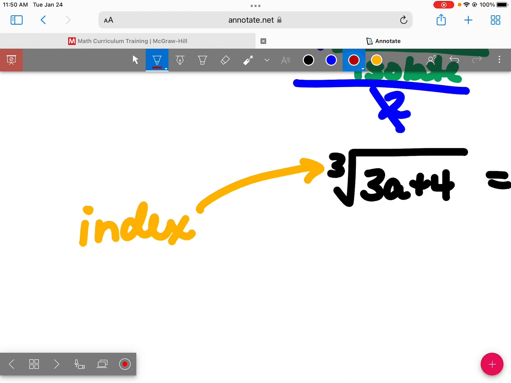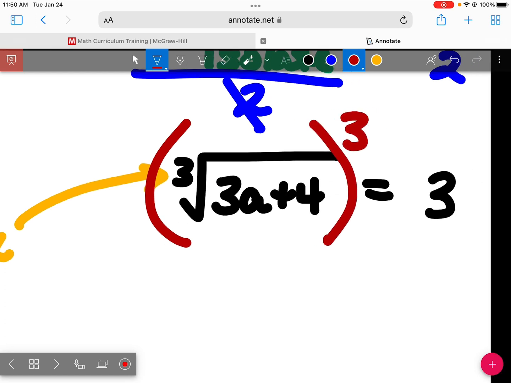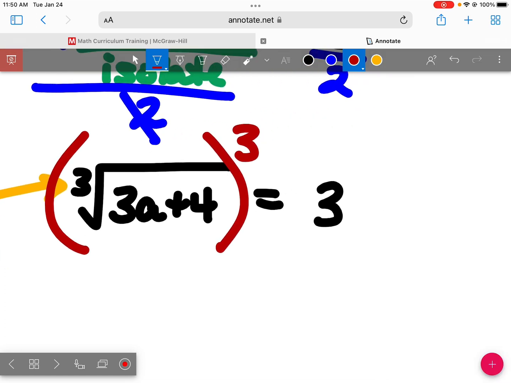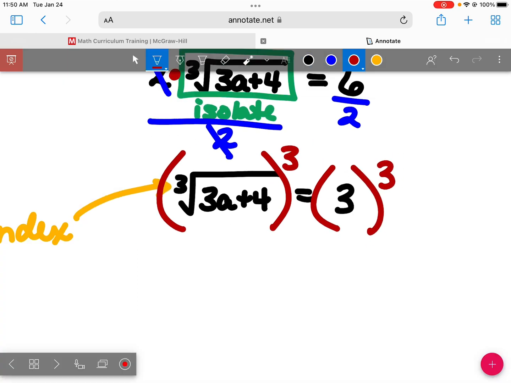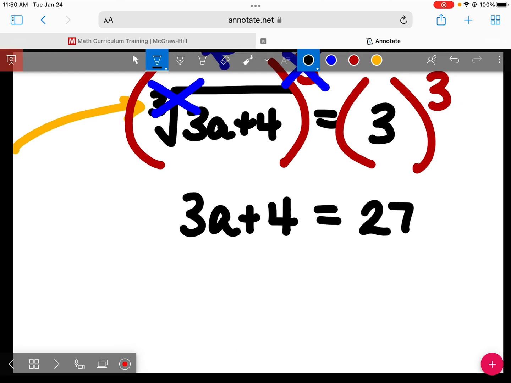Whatever the index is, that is the exponent that I will choose to raise it to. And if you do it to one side, got to do it to the other side. What happens on the left? They cancel each other out. So I have 3a plus 4 equals what? 27. 3 times 3 times 3.